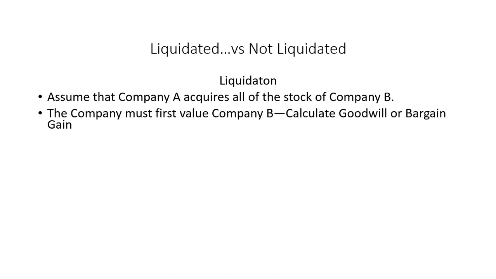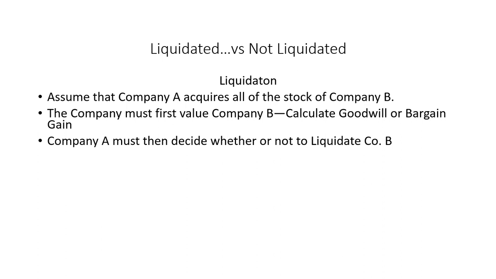If you pay more for the company than its fair market value, you end up with goodwill, which is basically an overpayment for a company. If you pay less than a company's fair market value, that results in a bargain purchase gain, because theory has it you're getting a bargain for what you're paying.